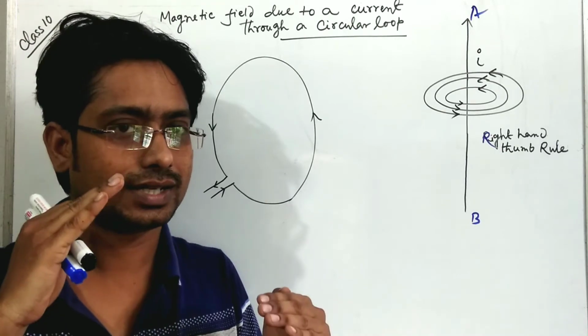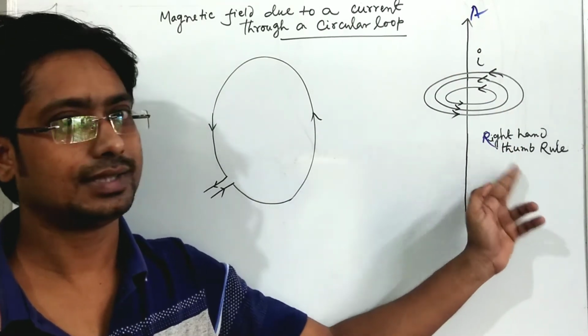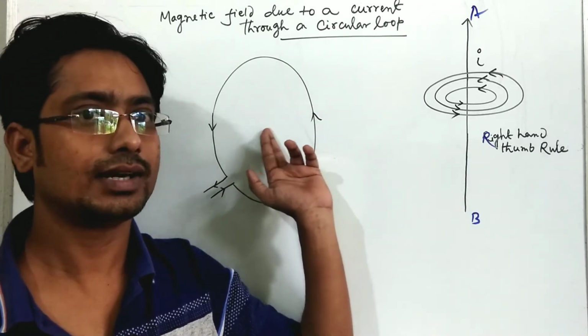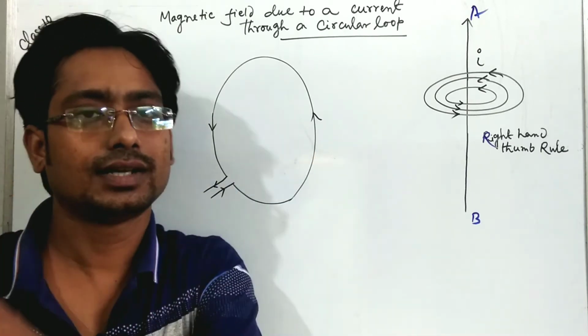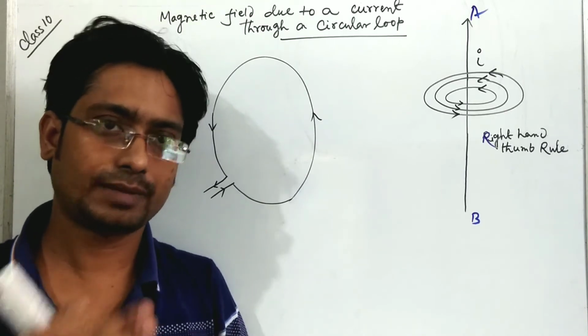So if we learn about the magnetic field due to a straight wire, this learning will apply here, and if you learn the circular coil, then this learning we will apply for the rest of the part, that is the solenoid. Okay, understood? So step by step we will learn.